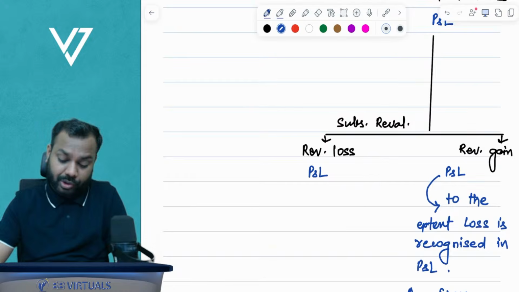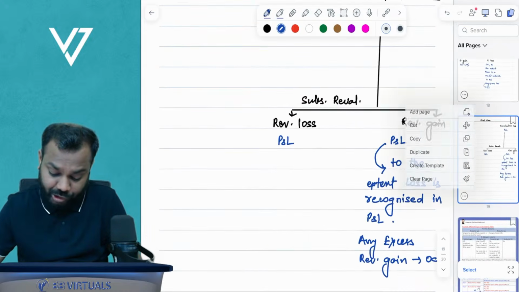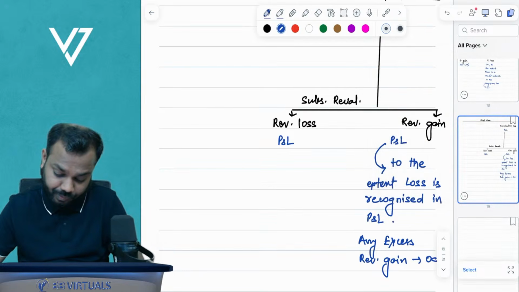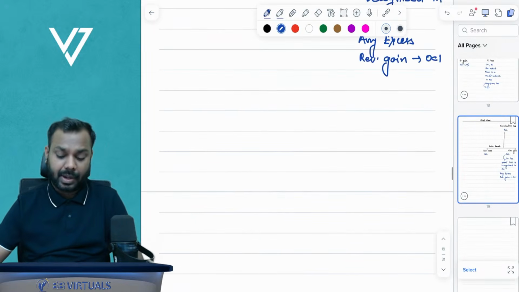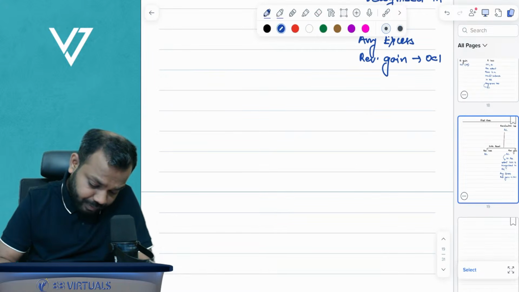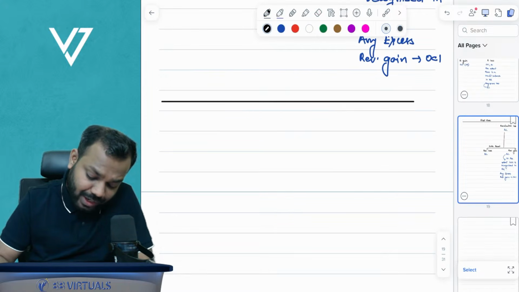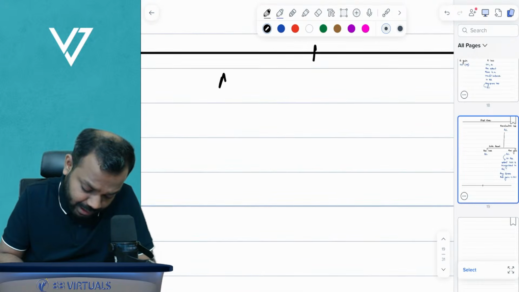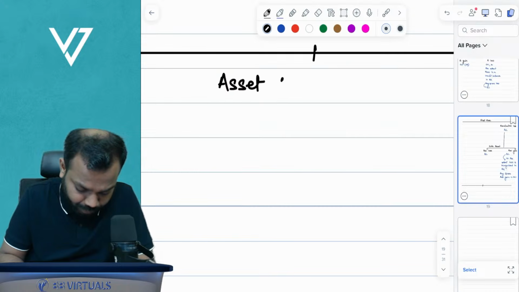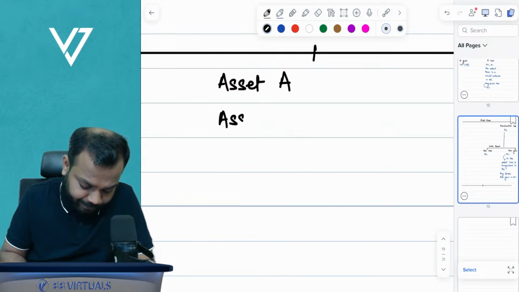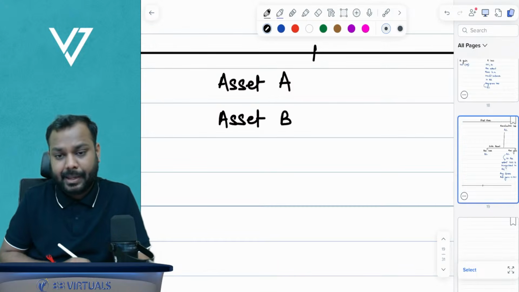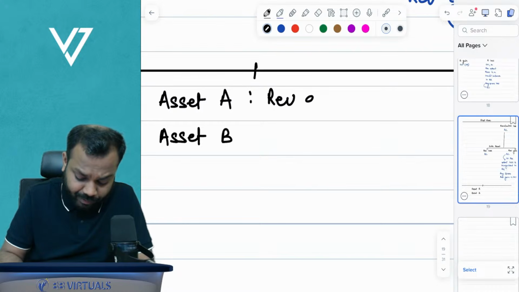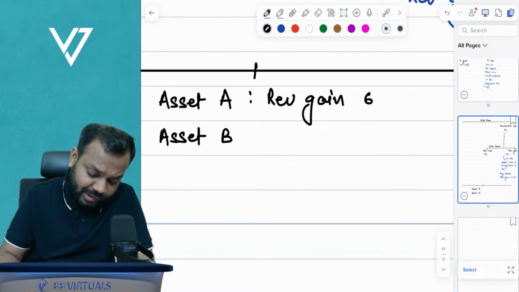Okay, if you have actually understood, can I ask you one question? In the very same year, company has two assets, Asset A and Asset B. Asset A gets a revaluation gain of 60.